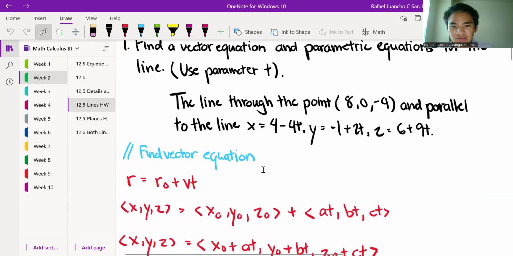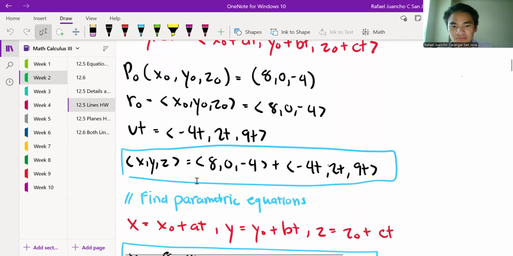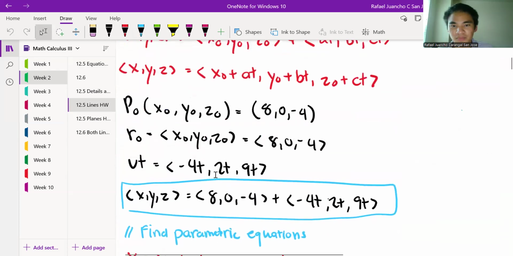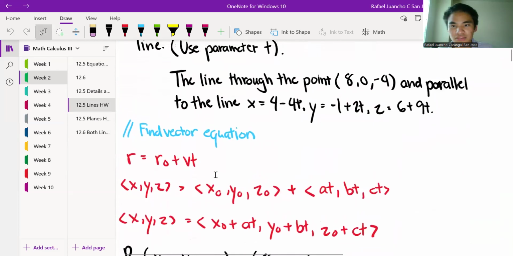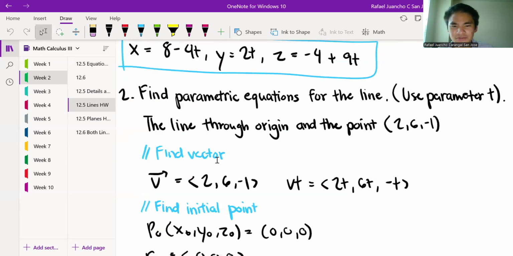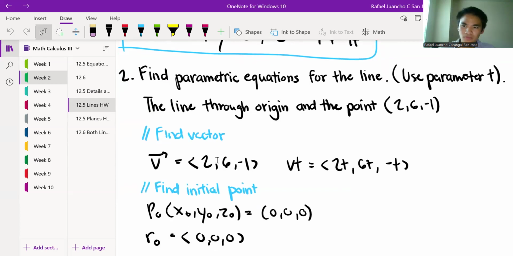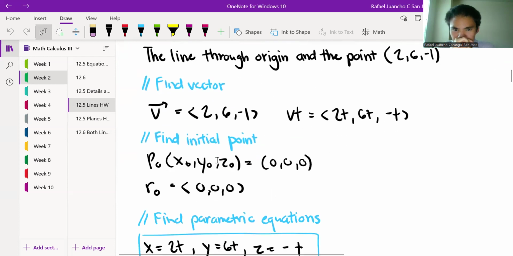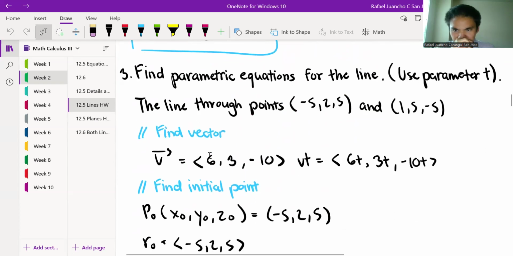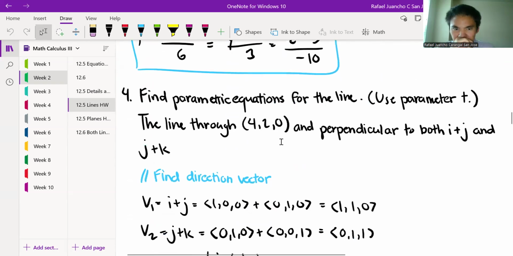Because this one's parallel. Well, if it's perpendicular, that one I don't know. I'm looking through my old problems. Okay, 2 points here. Oh, look at that.